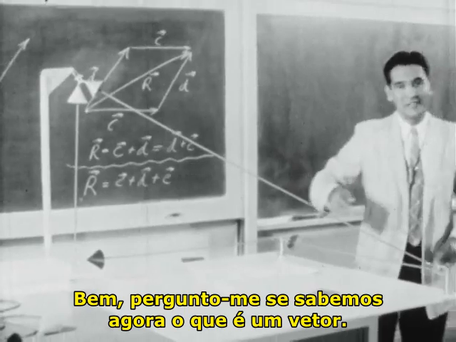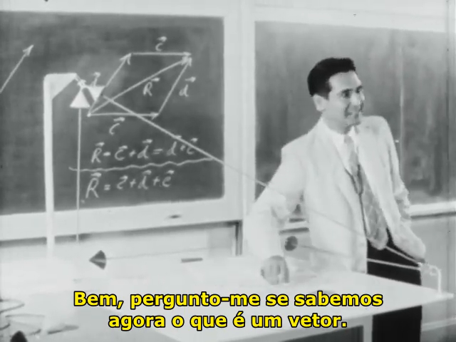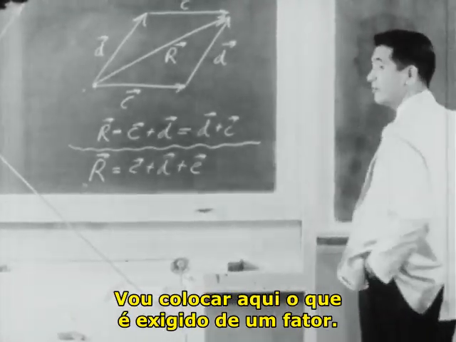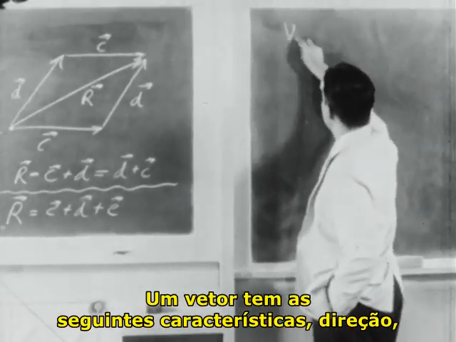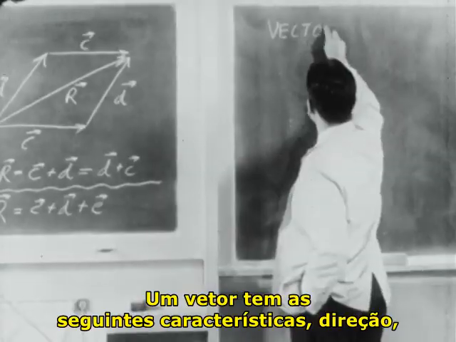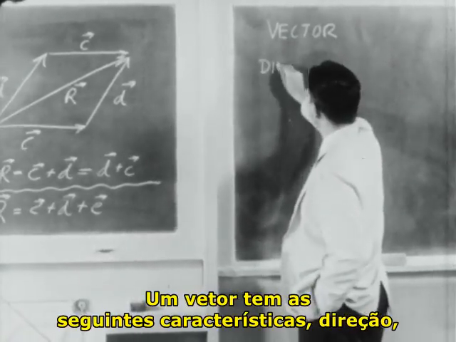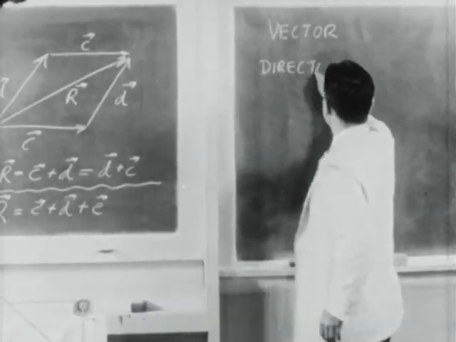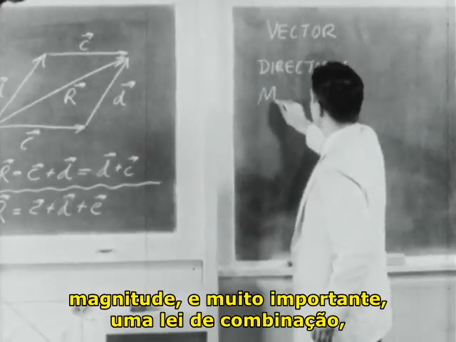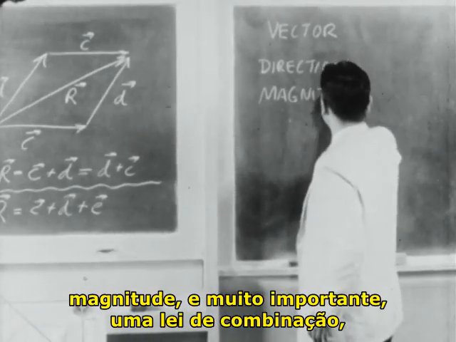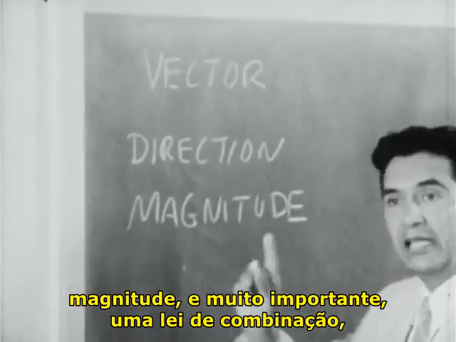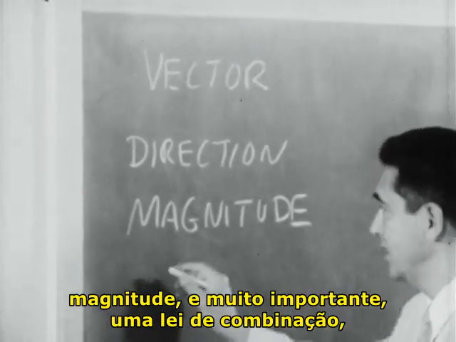Well, I wonder if we know now what a vector is. I'll put down here what is required of a vector. A vector has the following characteristics: direction, magnitude, and, very important, a law of combination.